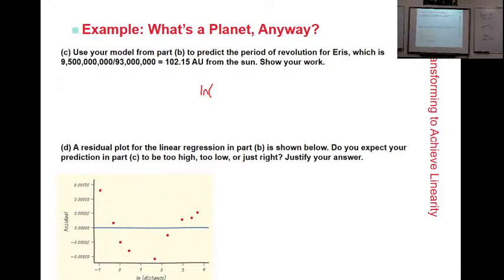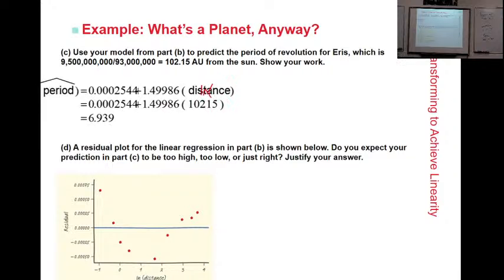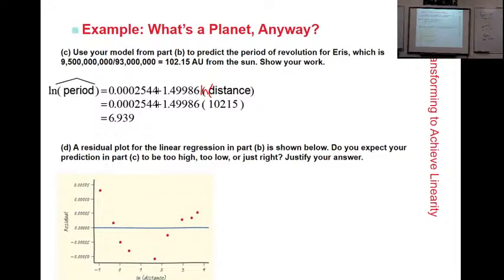Here's your model for part B: predict the revolution period for Eris, which is 102.15 AU from the sun. Show your work. So that means our distance is 102.15. So we are going to plug in here.